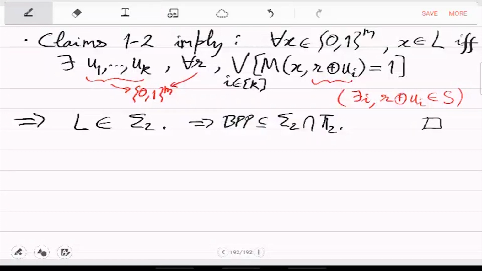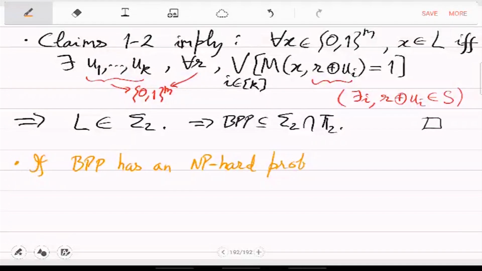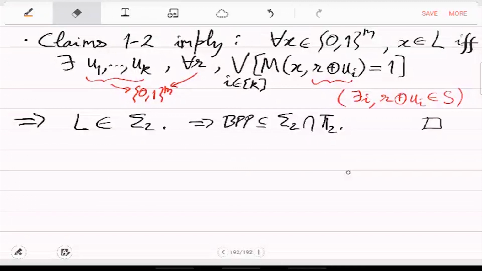And although we don't know BPP in NP, this is still a good amount of information, because it's telling you that BPP is in NP to the NP and its co-class. And what it also tells you is the following. So this in particular means that if BPP has an NP hard problem, then what will happen? Let me just ask this as a question.